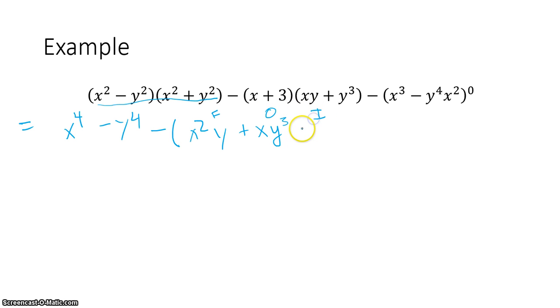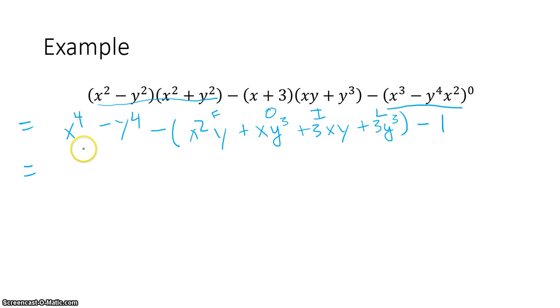My inside is 3 times xy. My last is 3y cubed. And tell me, what is anything raised to the 0 power? I hope you said 1. We may think there may be some more work to do with this term, but anything raised to the 0 power is 1.